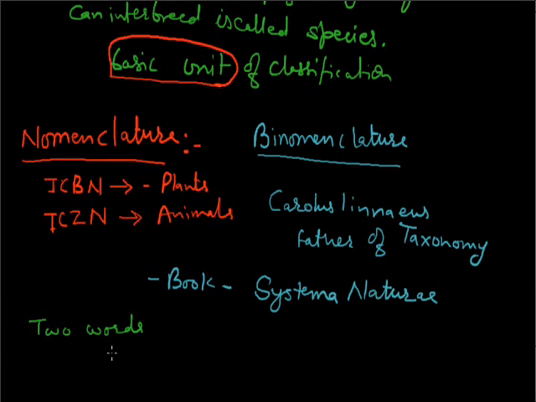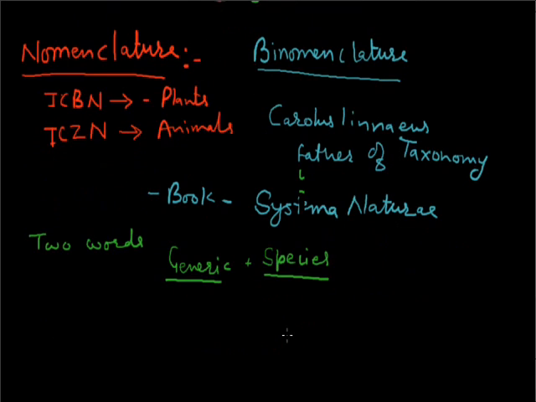The first word is related with the generic name, and the second word is related with the species. So any living being having a scientific name has two words. First word we call generic and second word we call the species. For example, the scientific name of human is Homo sapiens.